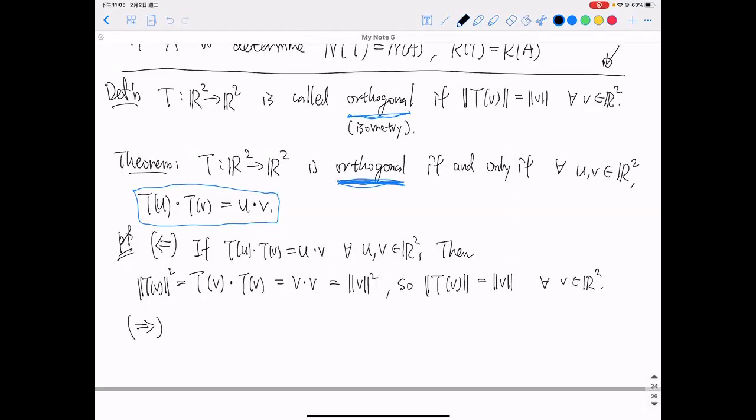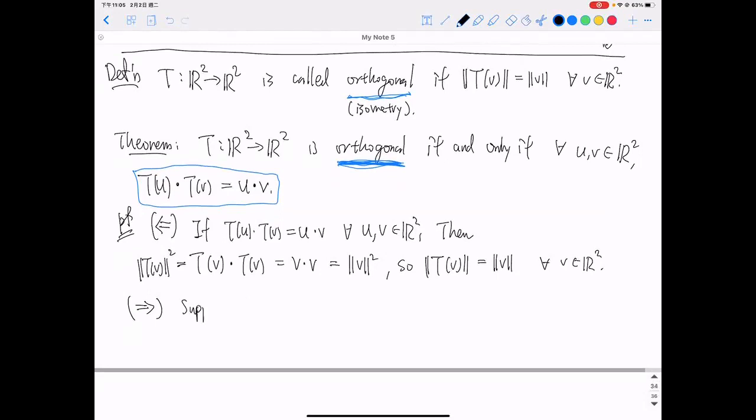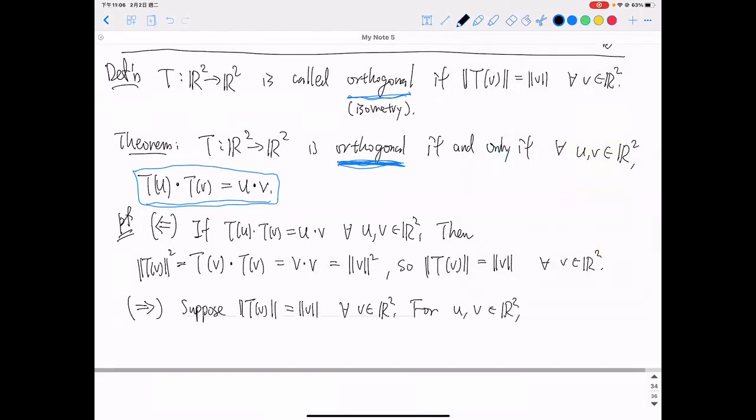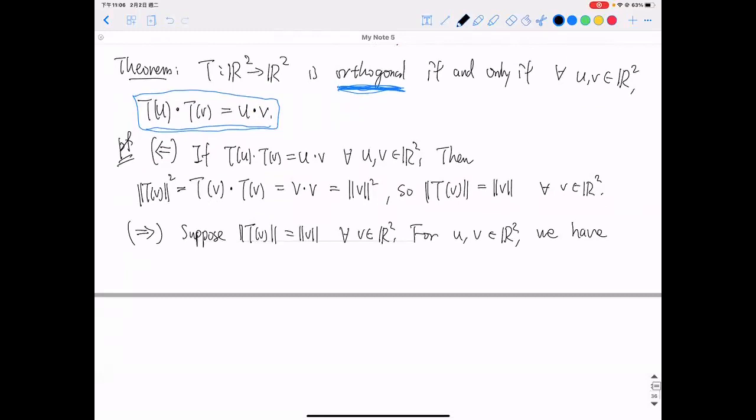Now the backward implication works like this. Suppose TV has length equal to the length of V for every V. Now we want to argue that TU dot TV is the same as U dot V. So for U and V in R2, we have the length of T of U plus V equal to the length of U plus V. This is just because T is assumed orthogonal, so T of any vector has length equal to the length of that vector.